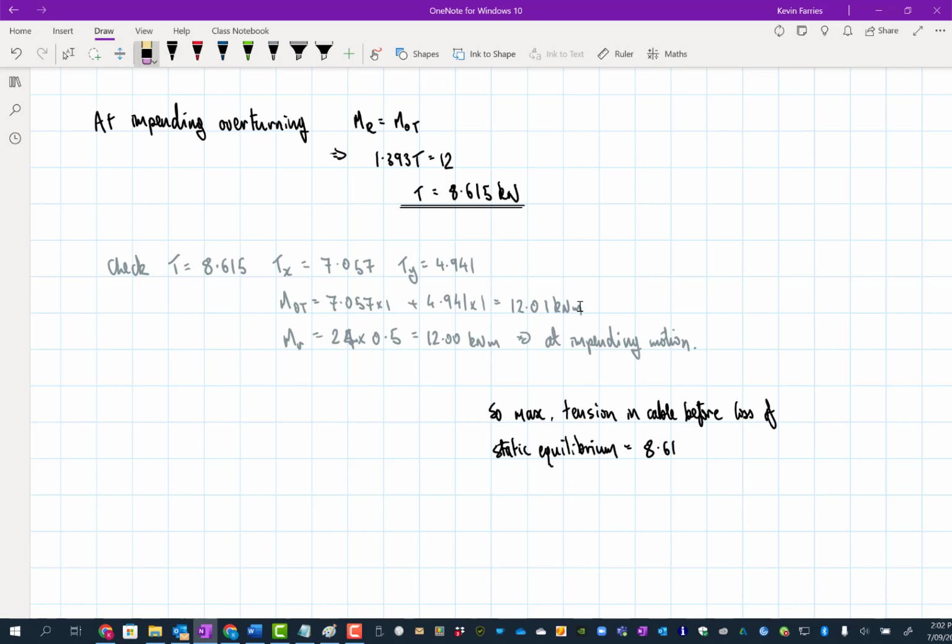Let's round it to three significant figures. We're at the end. 8.62, say, kilonewtons. Rotation, or overturning probably is a better way to put it in engineering. Overturning is critical.